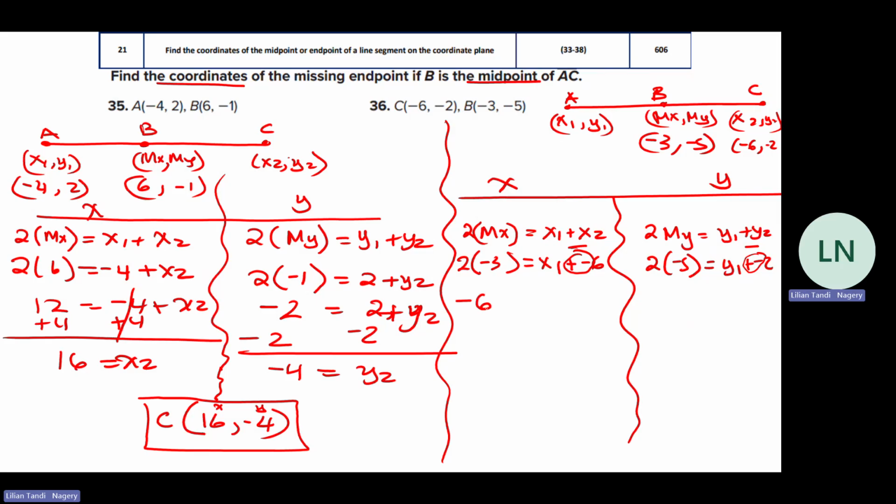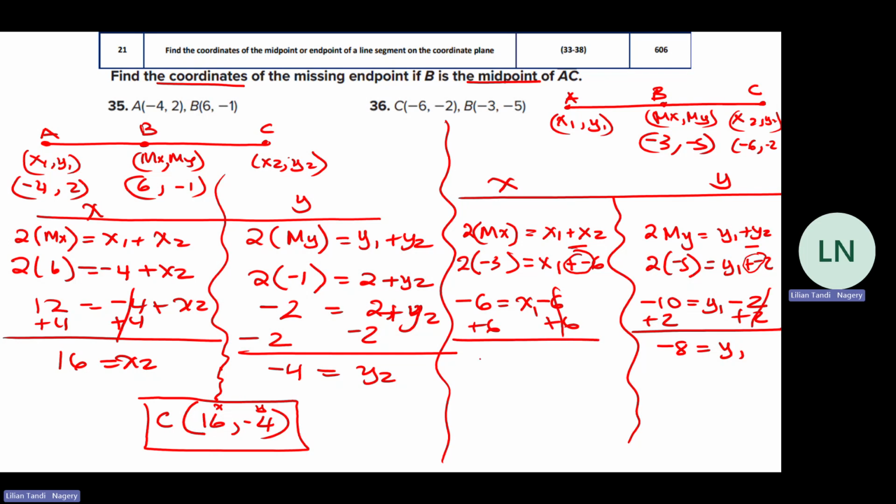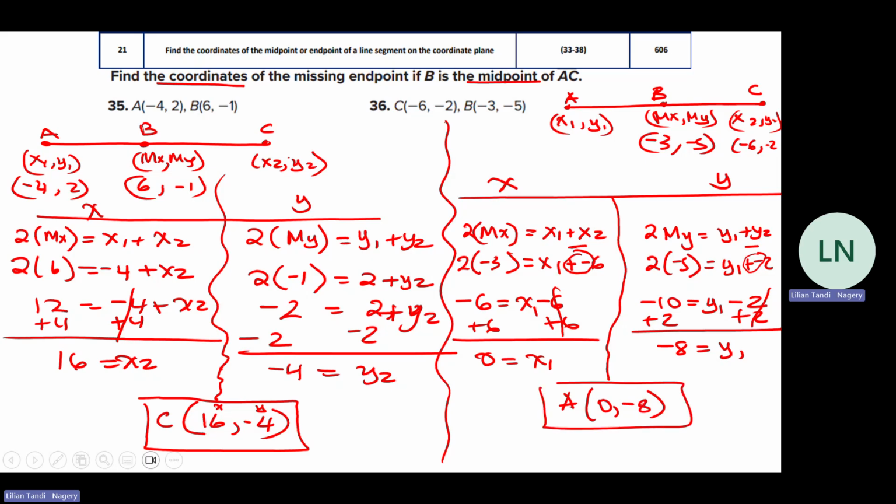So now you have -6 equals x1 minus 6. -10 equals y1 minus 2. Plus 2 plus 2. -8 equals y1. Plus 6 plus 6, 0 equals x1. Then write your answer. Your answer is A, parentheses 0, comma, -8.